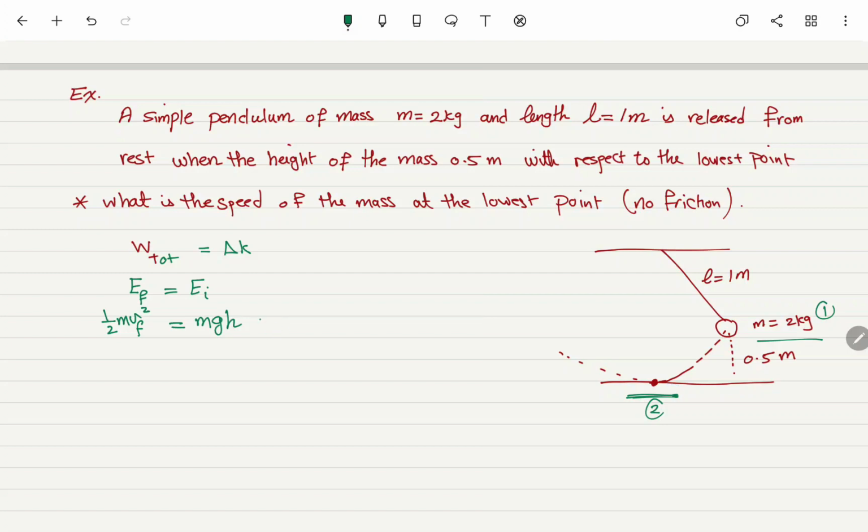If you simplify, mass cancels with mass, so v equal to square root of 2gh. And remember, h is the initial height of the object, which equal to 0.5. So v equal to square root of 2 times 10 times 0.5, or v final equal to 3.16 meter per second.